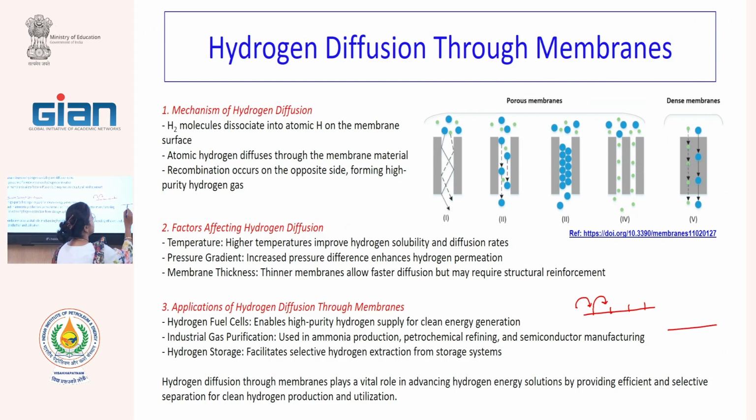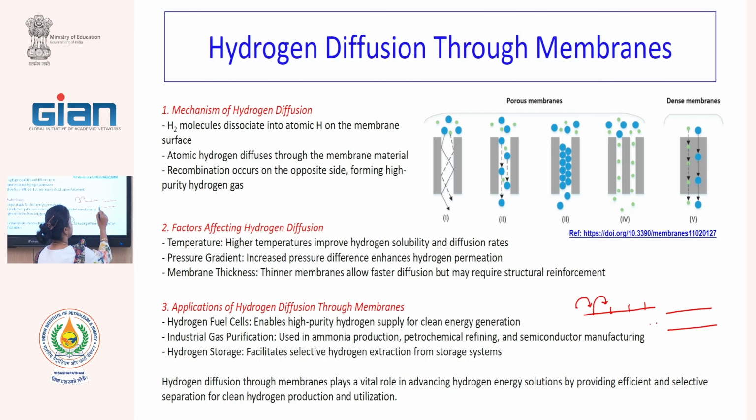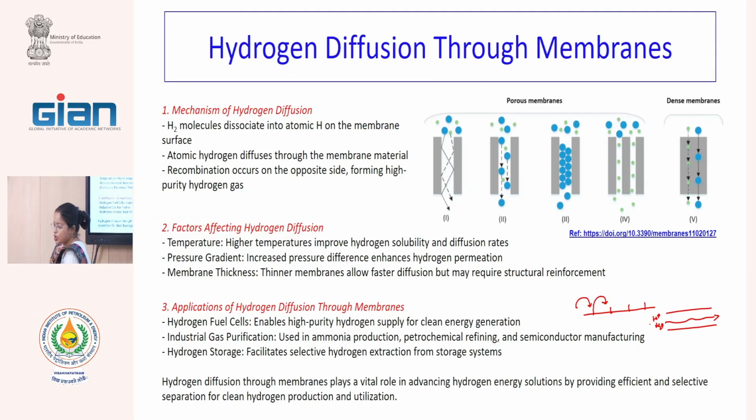Or we can have vehicular transport, where the water molecule is transported, water plus H plus, so the water molecule is carrying the protons with it. These are the diffusion mechanisms through any such dense membrane, whether it be a composite or a purely polymeric membrane. Okay.